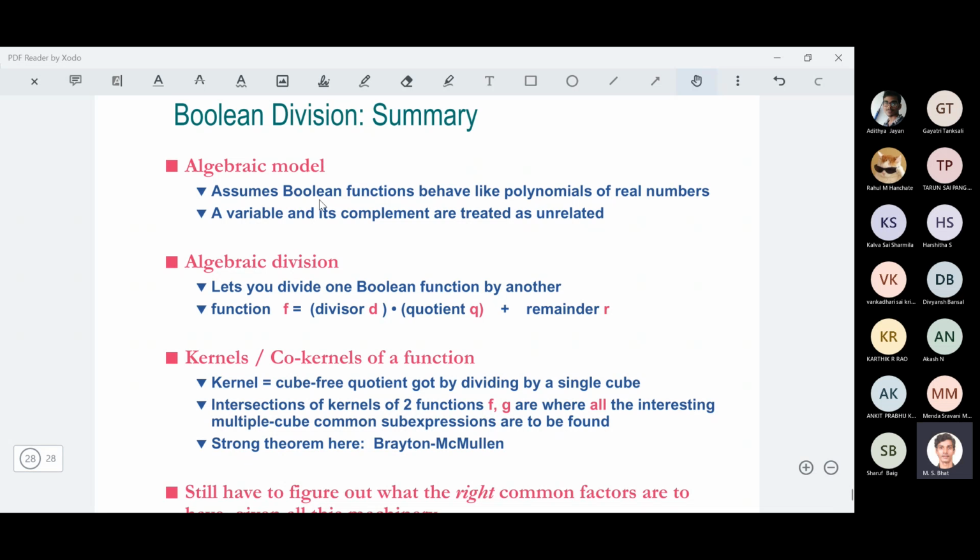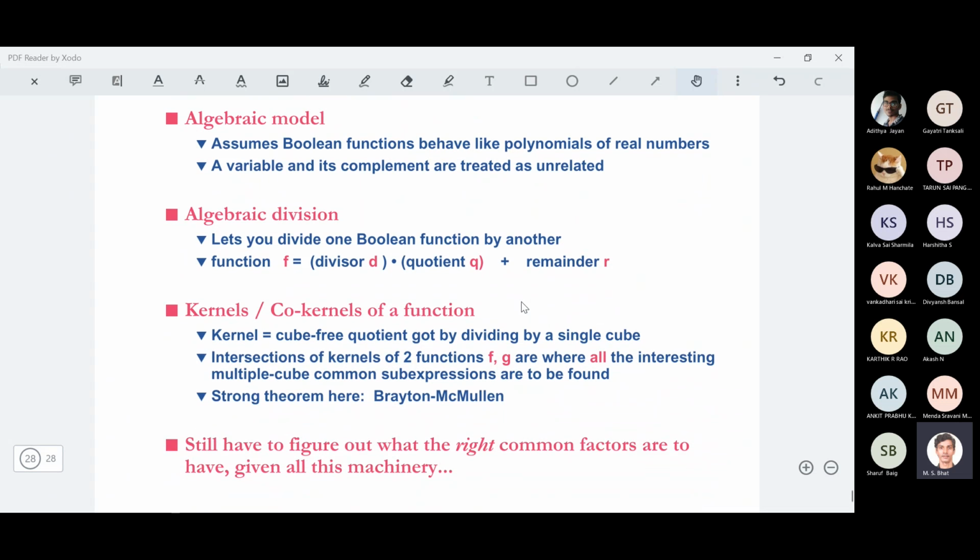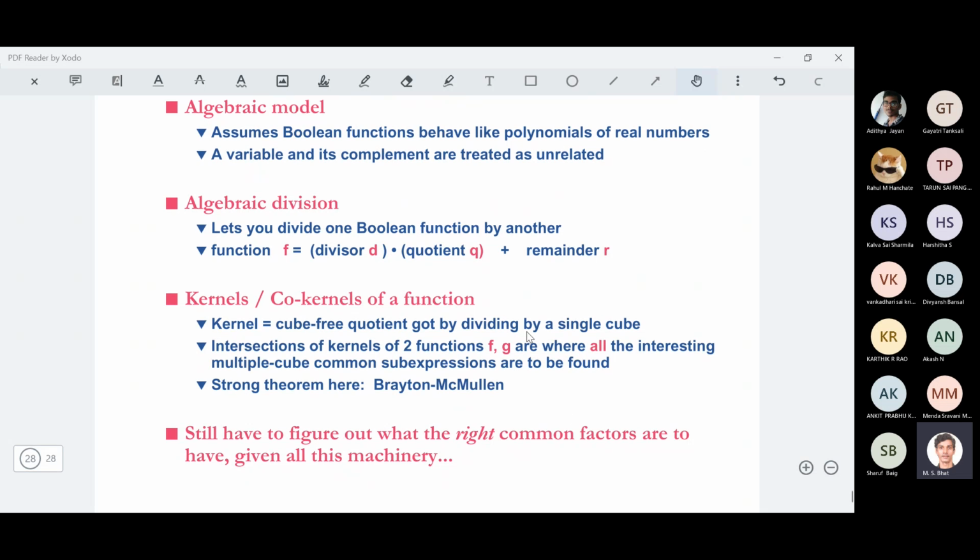Assume Boolean functions behave like polynomials of real numbers. A variable and its complement are treated as unrelated. During algebraic division, you can divide one Boolean function by another, and the function can be represented as f is equal to divisor d into quotient q plus remainder r.